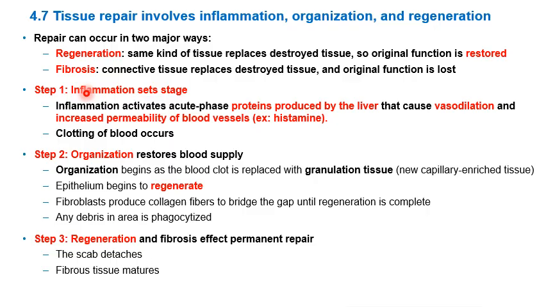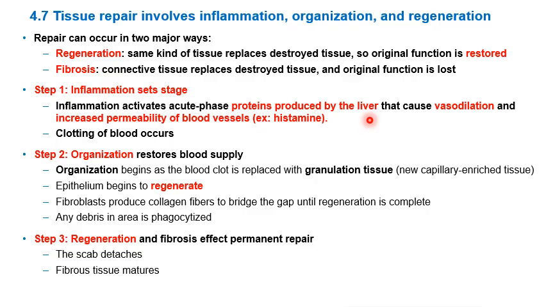Okay, so steps for tissue regeneration. The first thing that happens is that you have to get inflammation. During inflammation, the site is going to get a lot of cytokines and other types of inflammatory proteins that come through the bloodstream, and they are mainly produced by the liver.